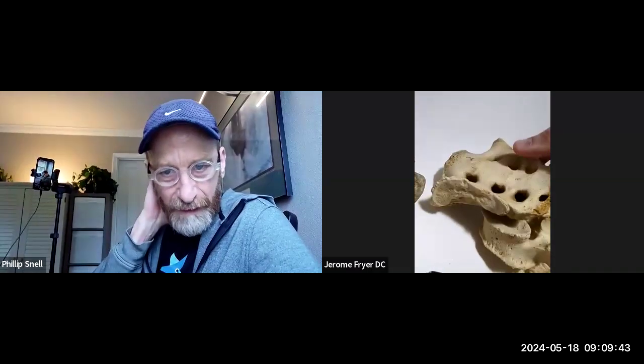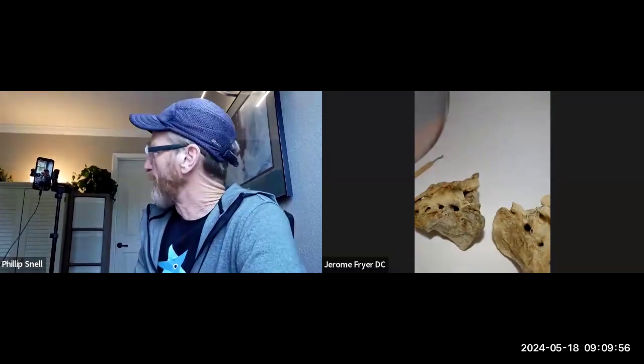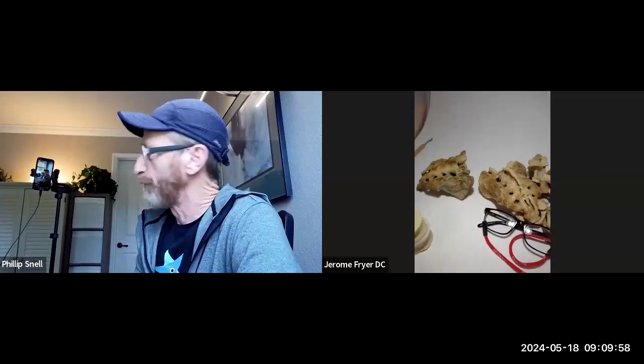And I'm not entirely poo-pooing the benefits of a sacroiliac joint manipulation in a well-chosen patient population, but it's seen as a source of some sort of discomfort and pathology far too much.